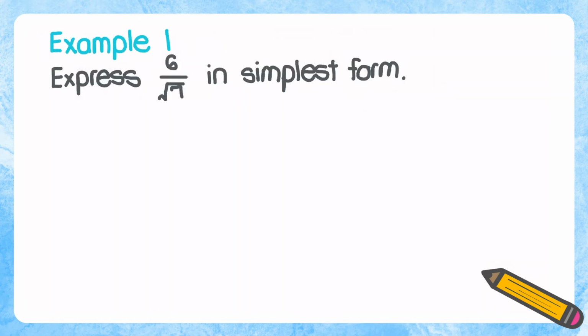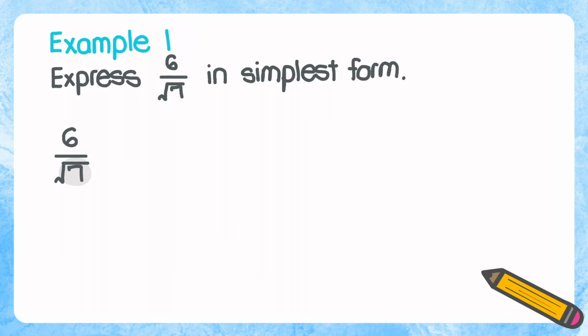We have our first example here. Express 6 over the square root of 7 in simplest form. So I have a square root in the denominator, so I need to rationalize this denominator. So for this example, I have 6 over the square root of 7, or radical 7, whichever way you want to call it.